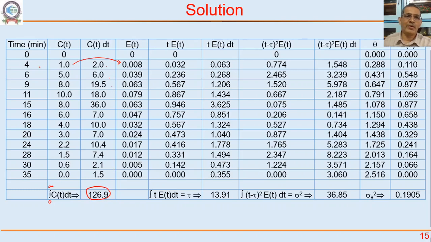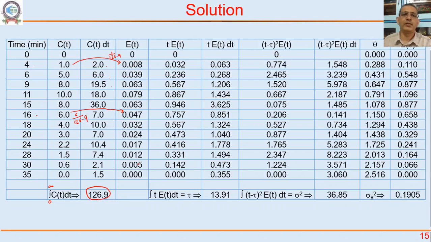So at time t equal to 4, the E curve would be 1 divided by 126.9. The value of the E function at time 16 minutes would be 6 divided by 126.9. That's what the E curve will be.